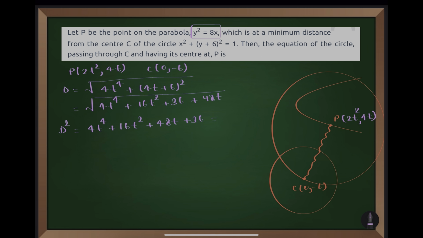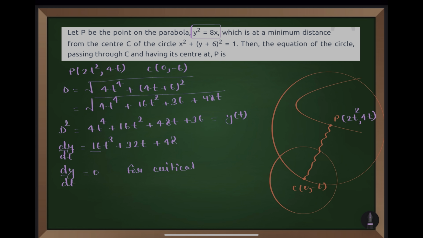I'll assume this thing to be y of t, and I'll differentiate dy by dt. So it is 16t³ plus 32t plus 48. Now for the critical point, I'll equate it with 0. dy by dt equals 0 for the critical point. Critical point means maxima or minima.